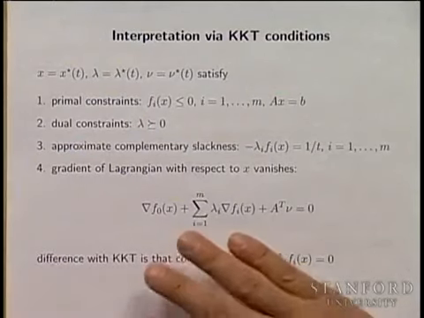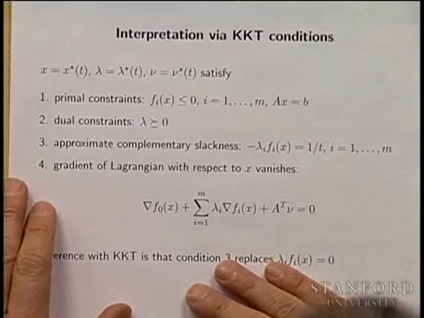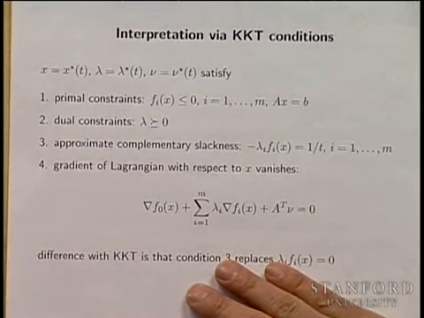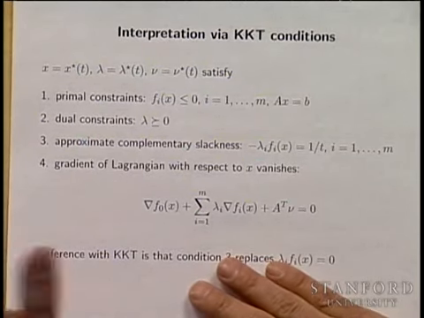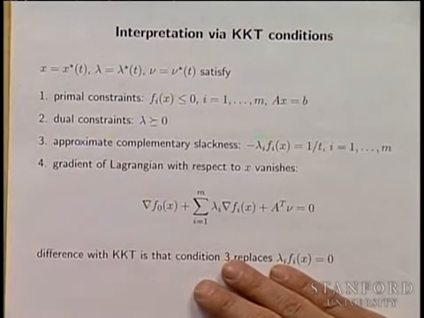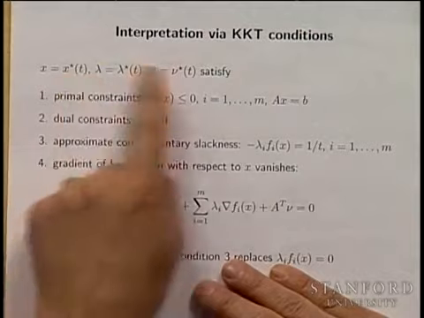Okay, so let's look again at what it means to be central. I should say that if you solve this problem, you would refer to a point like that as central, or on the central path, or centered would be another one. These are the names you would use for that. Okay. Well, here's what these points satisfy.